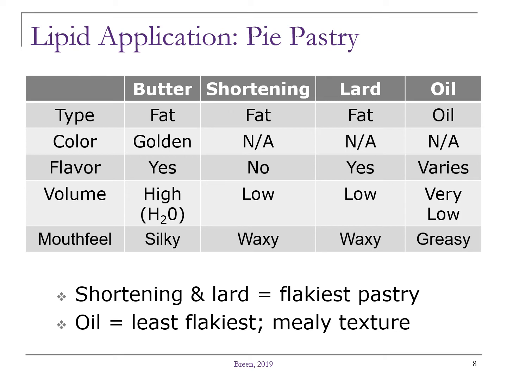Let's take a moment here to apply what we've learned when looking at pie pastry. The type of fat used when making pie crust will yield different characteristics in terms of the color, the flavor, the volume, and the mouthfeel. You want to use a solid plastic fat like shortening or lard in order to be able to cut that fat into the flour, which will ultimately yield this flaky texture.